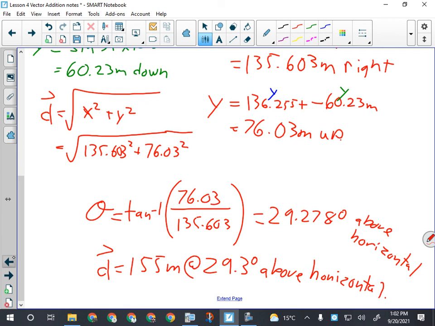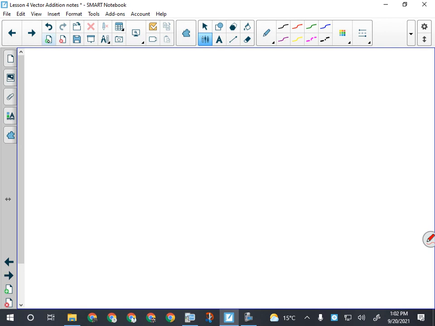I'm not going to do that very often, mostly just to mess with you. On a test, I would give you a much easier one. In fact, every year on the unit exam, I give a vector addition question like this. One vector is either horizontal or vertical, so you don't have to use trig on it. If this was 50 meters long, x would be 50 meters and y would be 0.